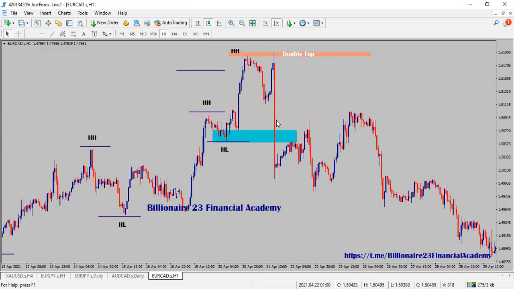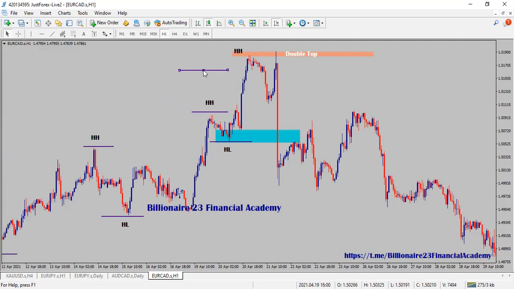The break of the higher low is the textbook, the safest way to know that we may be about to change the trend. And then double tops are the early version of a change in trend. It's the early signal that we may be about to change the trend, because price could have just easily done that, and then stopped somewhere here, then continued going up. And then you would have been wrong if you thought price was going to drop.